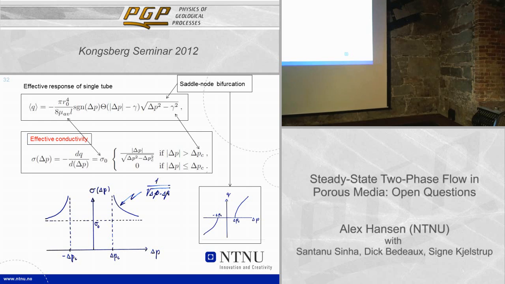All you should look at is really the conductance, and that is the derivative of the flow rate with respect to the pressure difference. And that looks like this. So if you start here at no pressure difference across the system, no flow, and then suddenly it jumps to infinity, and then it comes with a square root singularity down like this. And it is symmetric on the other side. In other words, here is the average flow rate as a function of pressure difference. It comes in like this and puff, with infinite slope here and here. So here's the behavior actually of a single link in this system.